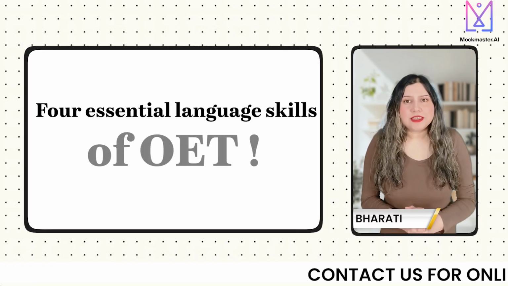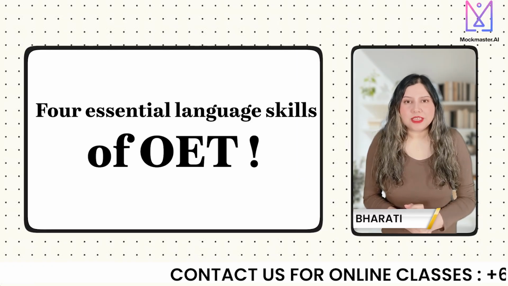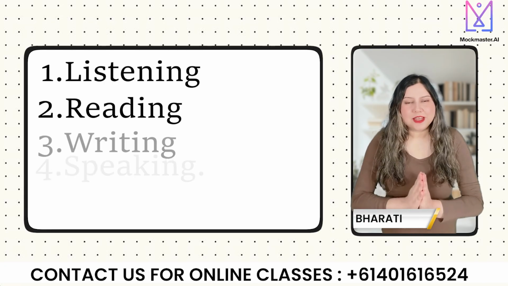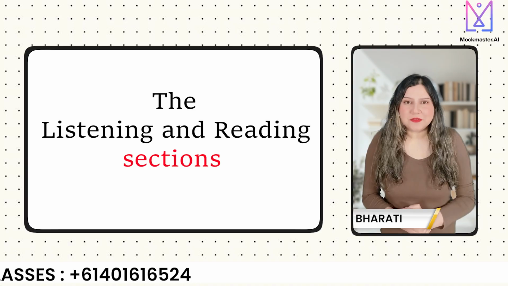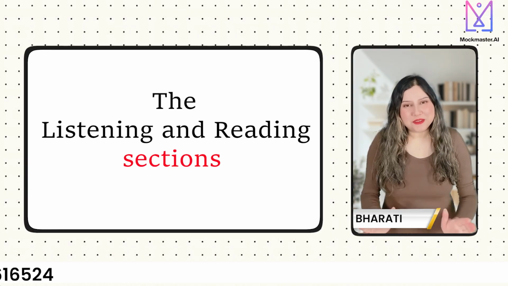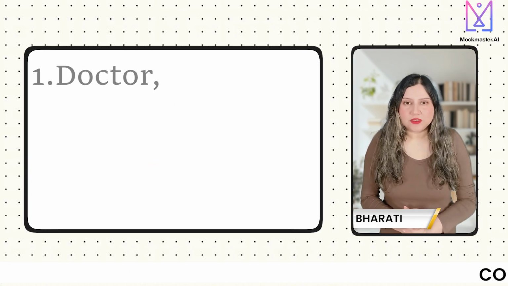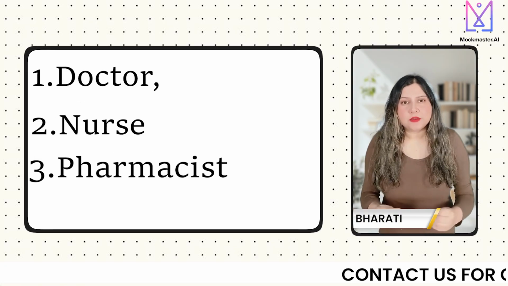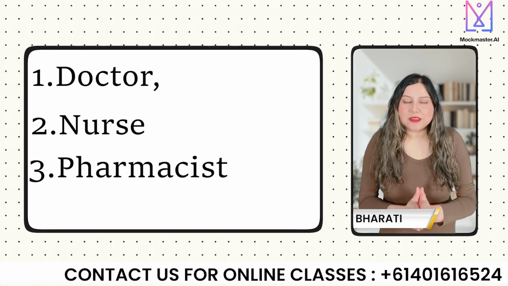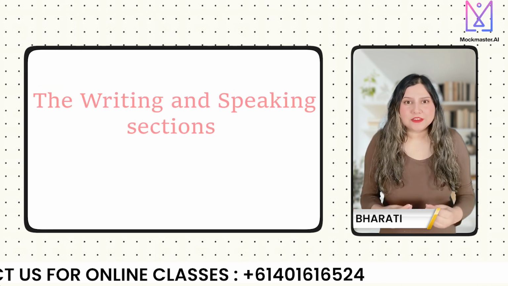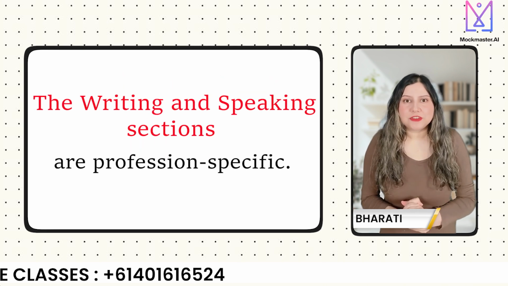The OET exam is built around 4 essential language skills: listening, reading, writing, and speaking. The listening and reading sections are the same for all healthcare professions. So, whether you're a doctor, nurse, or pharmacist, you'll face the same kind of tasks. But here's where it gets interesting. The writing and speaking sections are profession specific.